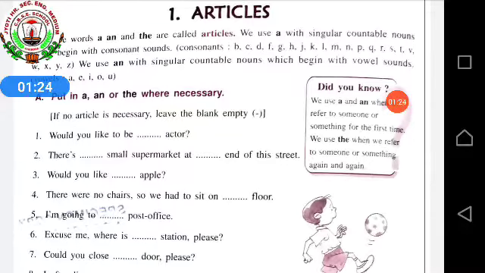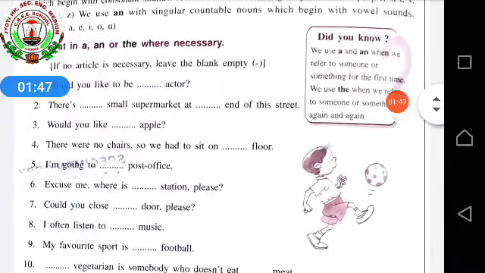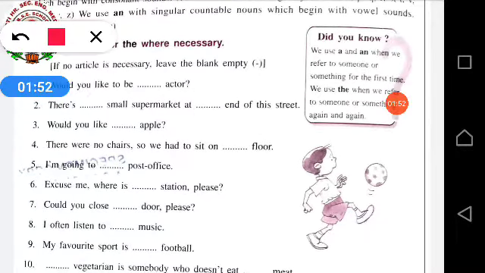So, my dear children, today we will be completing the book exercise. I'll be giving you hints, and I'll be solving a few questions to help you solve the rest. For example, if there are 10 questions, then out of 10 I'll solve till the 4th or 5th, and after that you have to try by yourself.